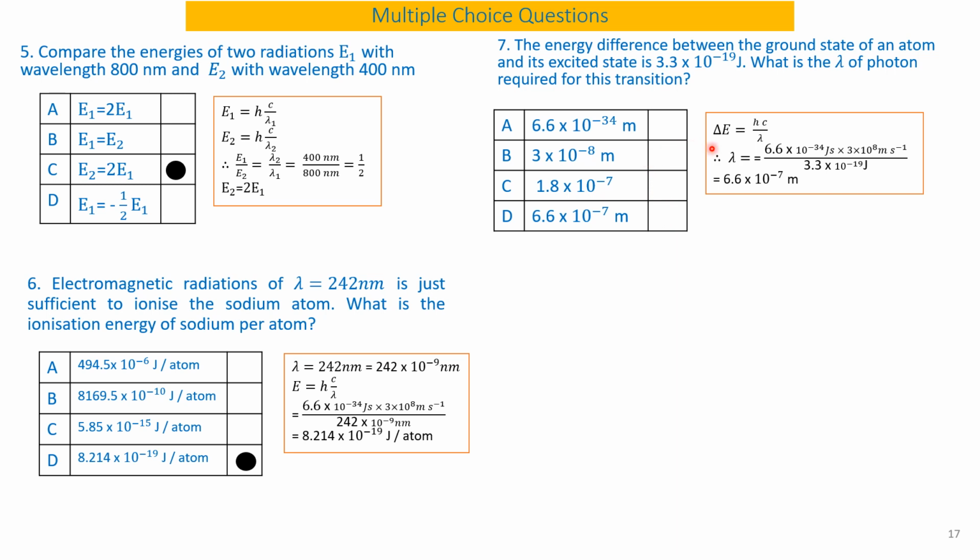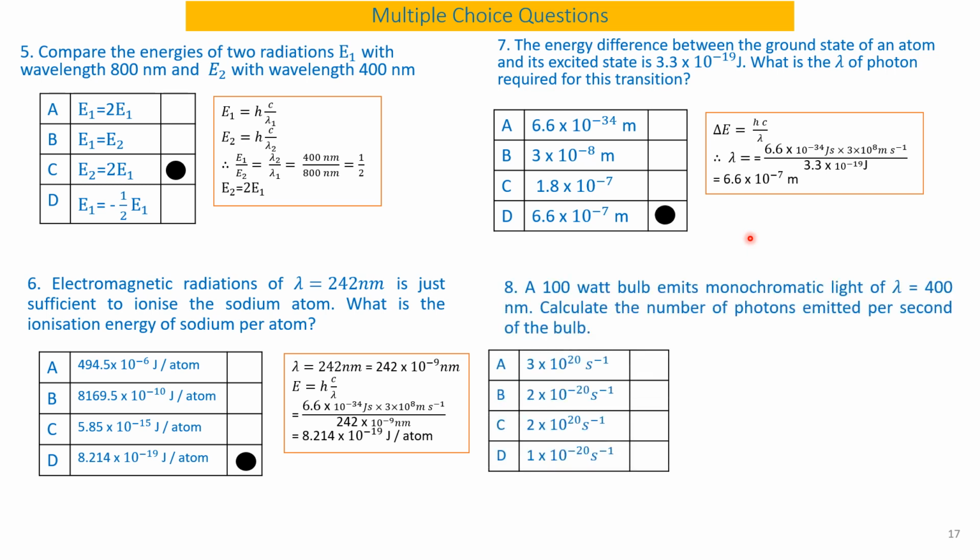Delta E is equal to hc by lambda. Therefore, lambda is equal to hc by delta E, where h is 6.6 into 10 to the power of minus 34 joules, the velocity of light is known, and delta E is 3.3 into 10 to the power of minus 19. Hence, the answer is 6.6 into 10 to the power of minus 7 meters. This answer is given as option D. Please mark it.